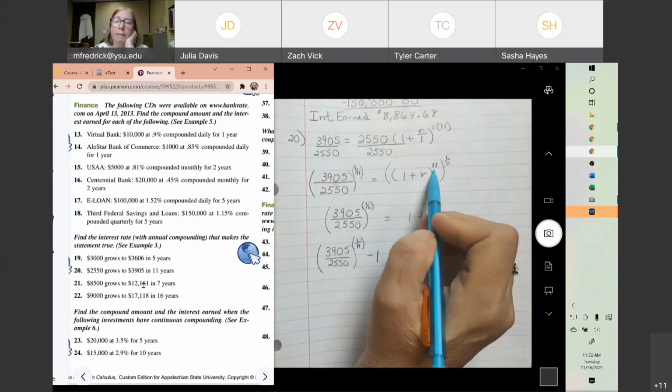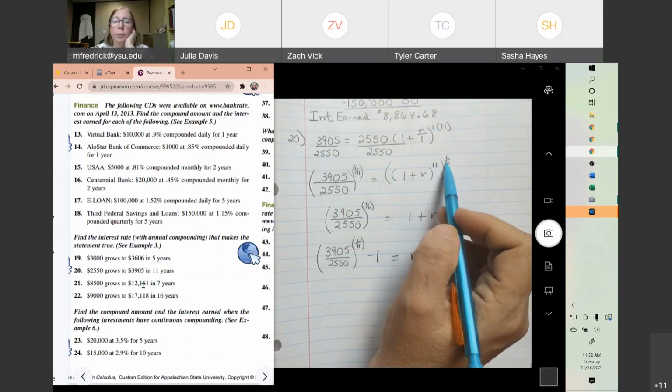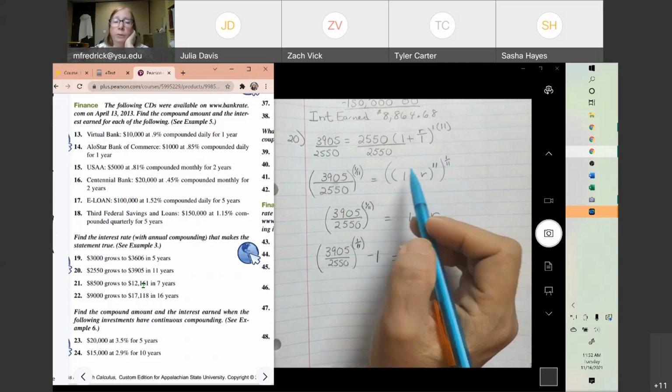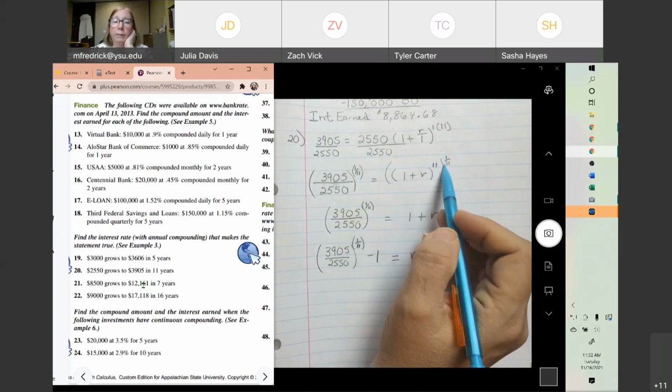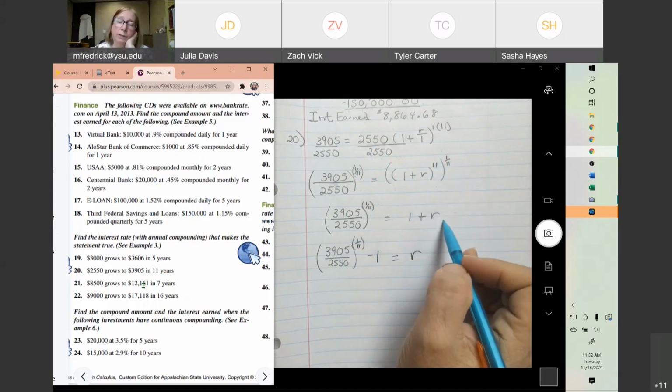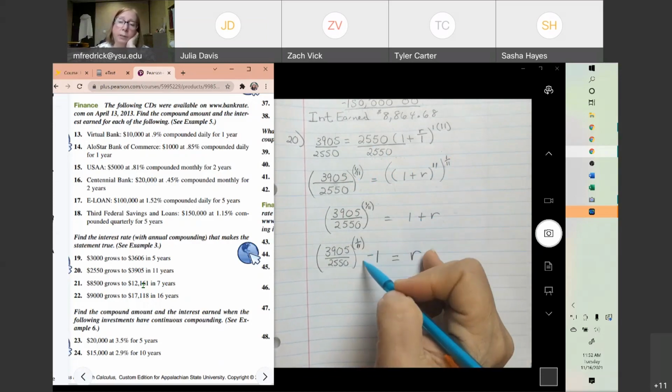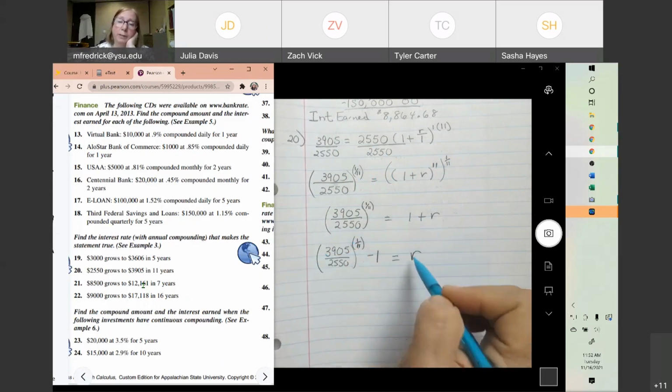Then to get rid of the 11, I took it to its reciprocal. So on both sides, I have 1 over 11. 11 times 1 over 11 is 11 over 11, which is just 1, so it's gone. And then I subtracted the 1. Now I'll plug this in my calculator.